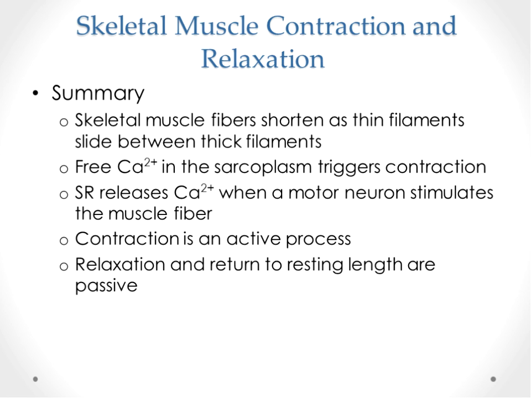To get to relaxation, you have to get rid of the calcium. If you don't get rid of the calcium, actin and myosin continue interacting. You have to not have ATP available, or stop making as much ATP, so that actin and myosin are not having a plethora of energy.